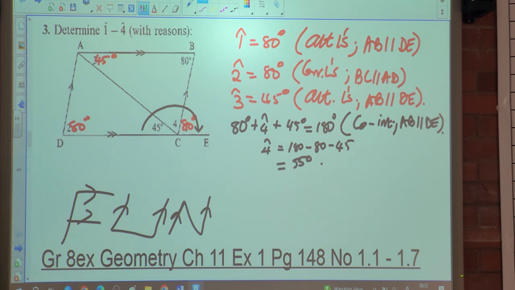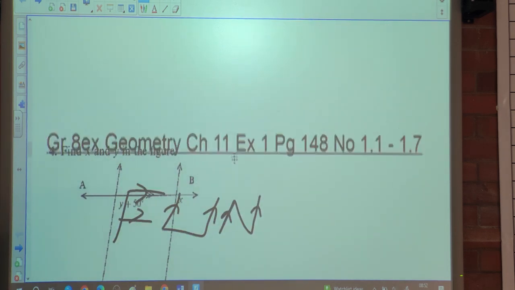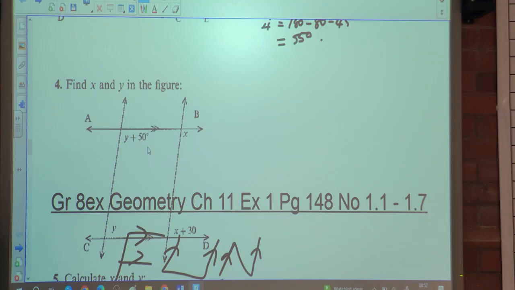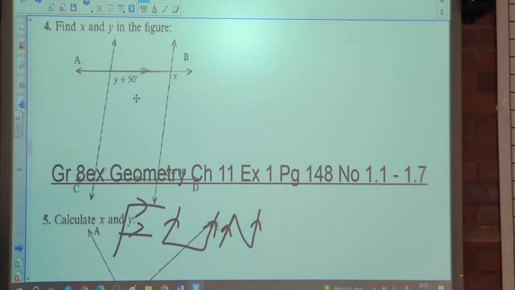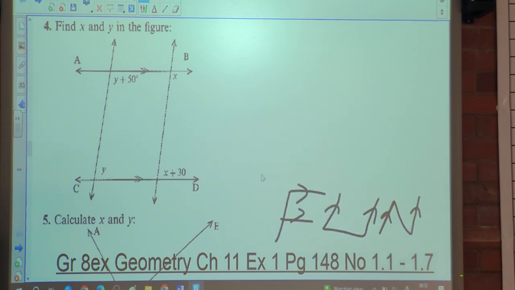Verstaan julle? Mizan? Right. Next. Number 4. You had to do till number 5. I gave you a lot of homework, man. Yes. But why do I give you so much homework?